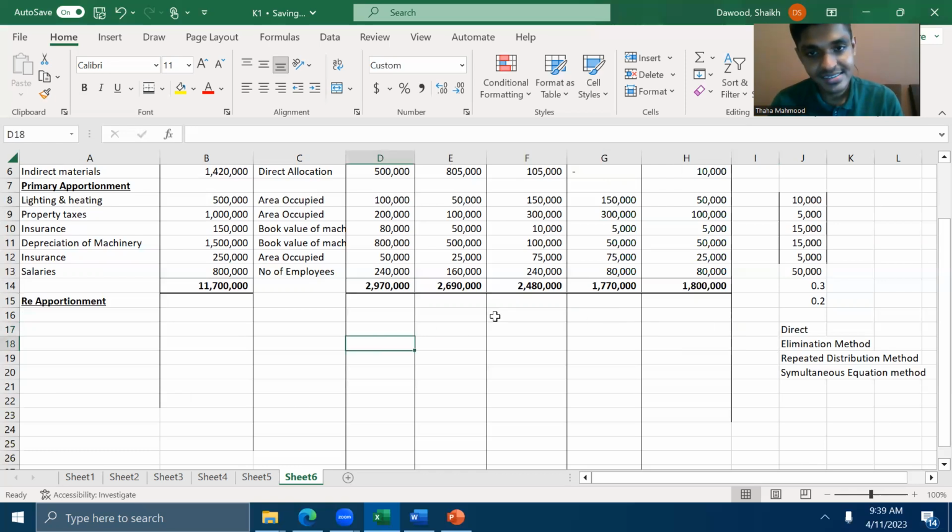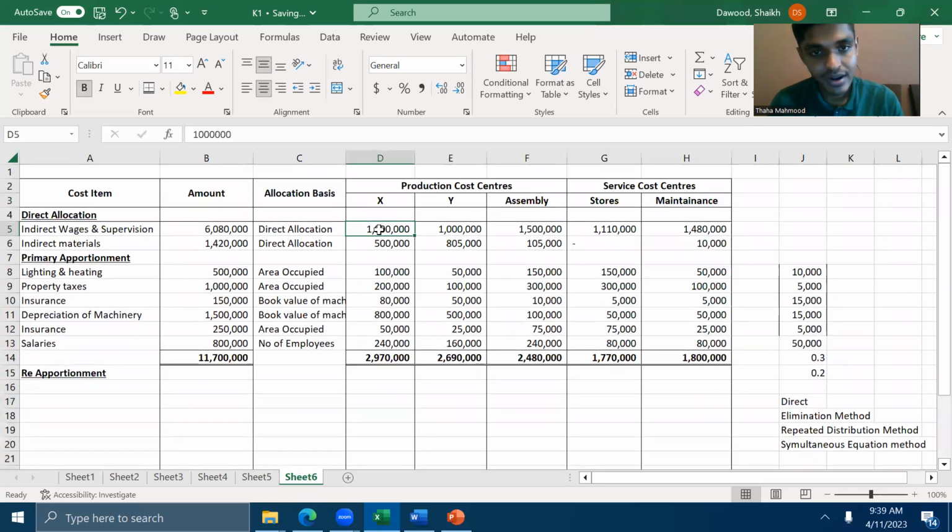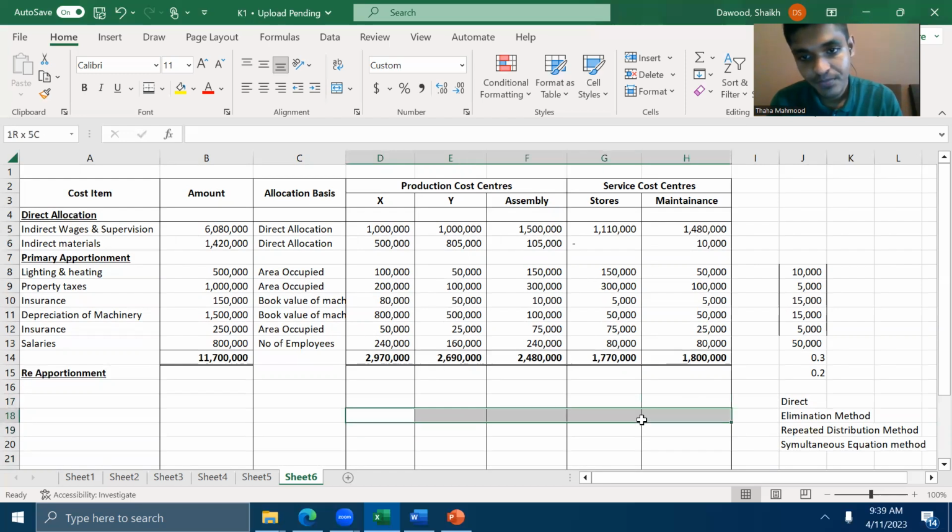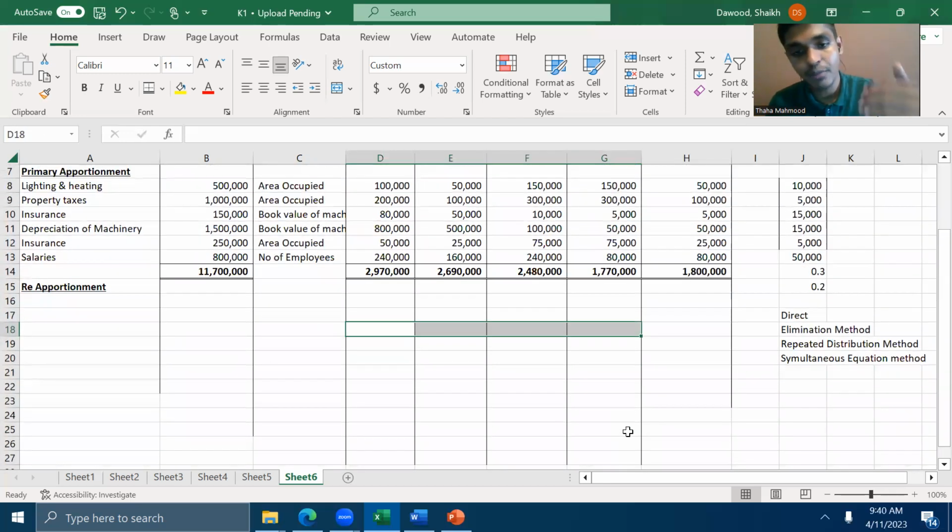If the stores percentages are 50%, 30%, 10%, 10%, adding to 100%, then of this 1.7 million we allocate 50% here, 30% here, 10% here, and 10% here, and the next center would have a different proportion, let's say 40, 20, 20 and 20. Whatever amount we come up with here we distribute on that proportion. Likewise we keep on doing this till we come to a very small number.